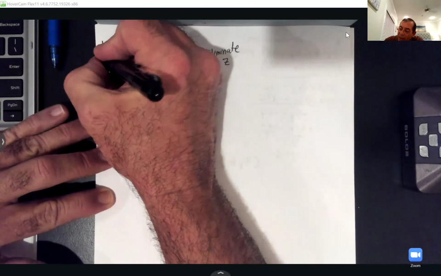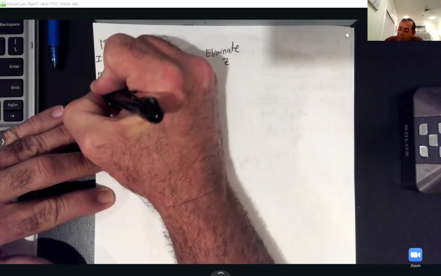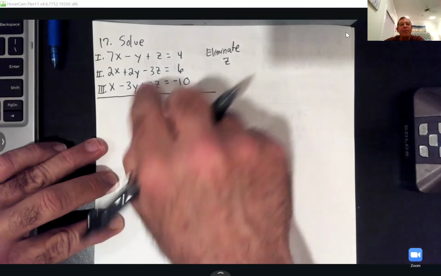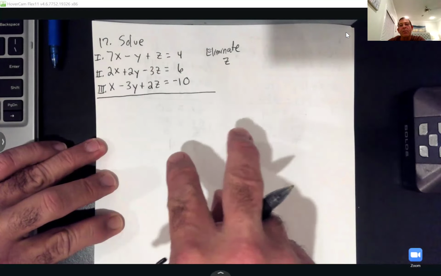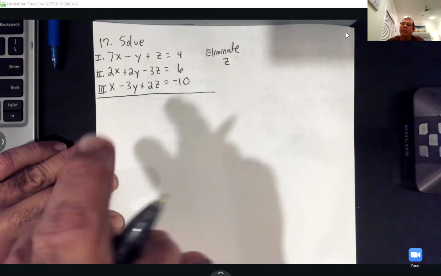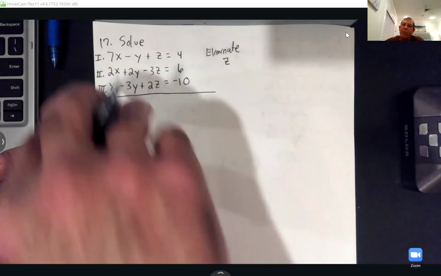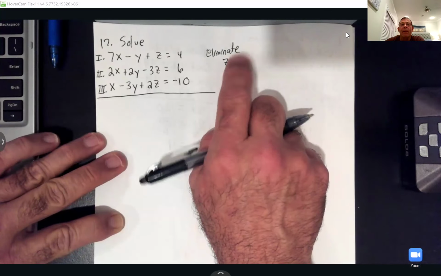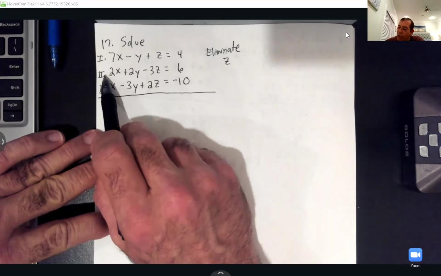Now remember, I'm going to make 3 equations. Now my first major step is to turn these 3 equations into a system of 2 equations like number 16 was. So we're going to shrink this from a 3 variable into a 2 variable by eliminating that Z. So what I'm going to do first, I'm going to add 1 and 2.